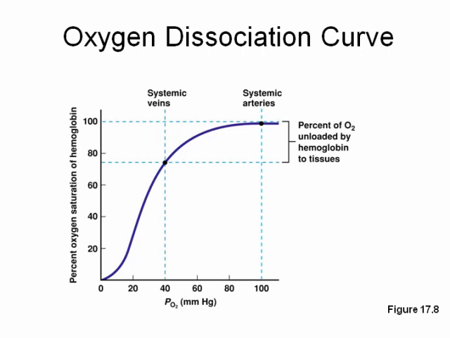So let's take a look at what's called the oxyhemoglobin or oxygen dissociation curve. What we're looking at here is the saturation of hemoglobin, with 100% here, 0% down here, and this is partial pressure of oxygen. In the systemic veins, the saturation of hemoglobin by oxygen is about 75%.